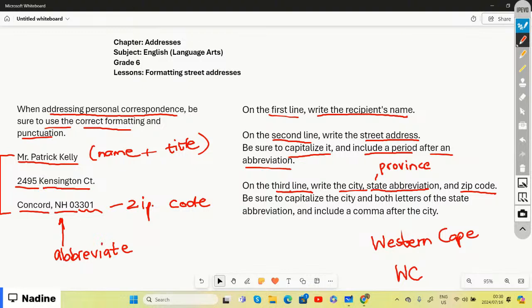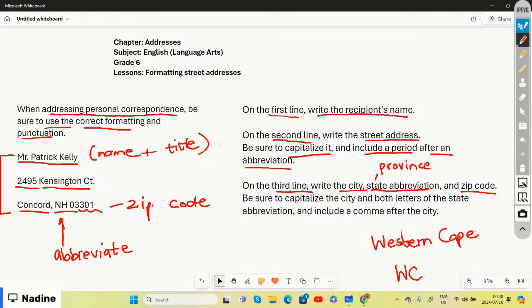All right, and then we go to our third line. On our third line, we're going to write down the name of a city, and after writing the name of a city, we put a comma. Then we write down the state abbreviation or the province abbreviation which you live in. If you live in a province, you write down the abbreviation of the province, or if you live in a state, you write down the abbreviation of the state.